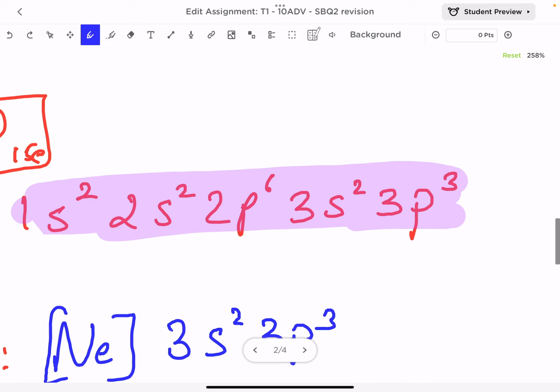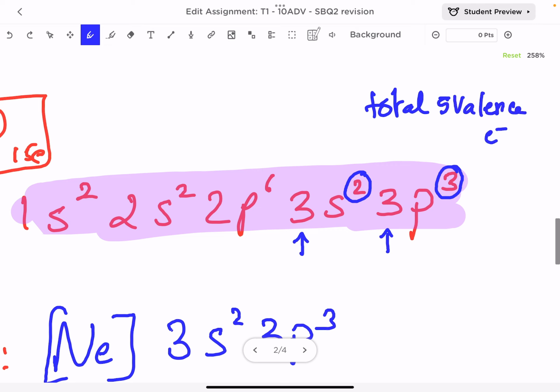The highest level reached is 3. I have 2 electrons in S and 3 electrons in P. That means a total of 5 valence electrons.